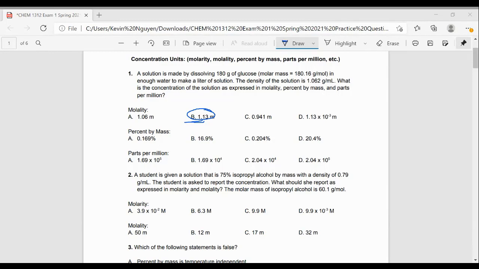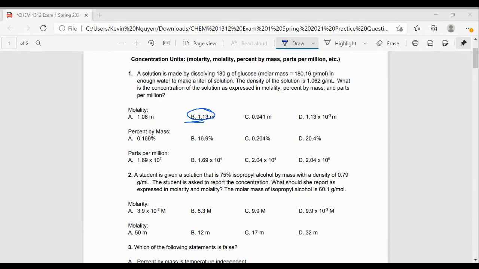Divide by 60.1 grams per mole. Let me double check.